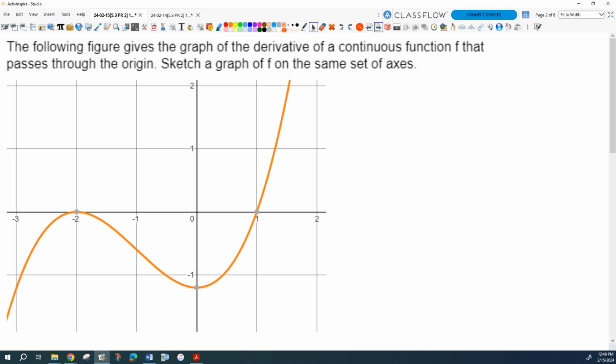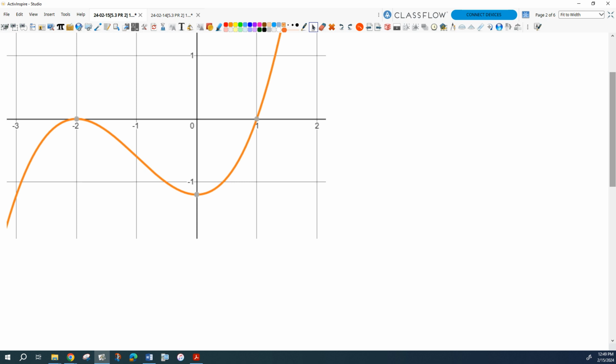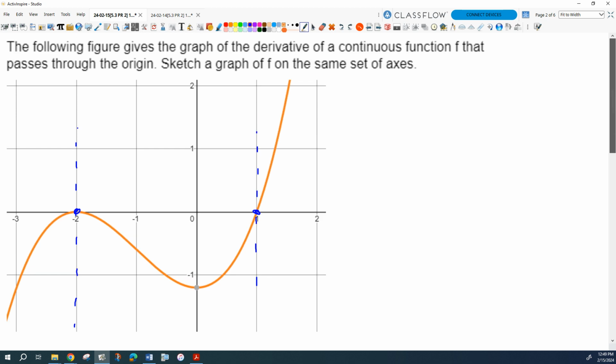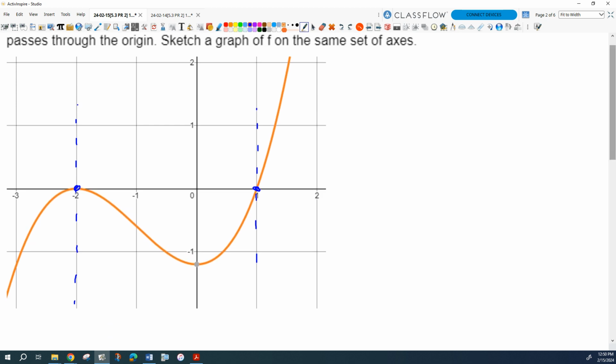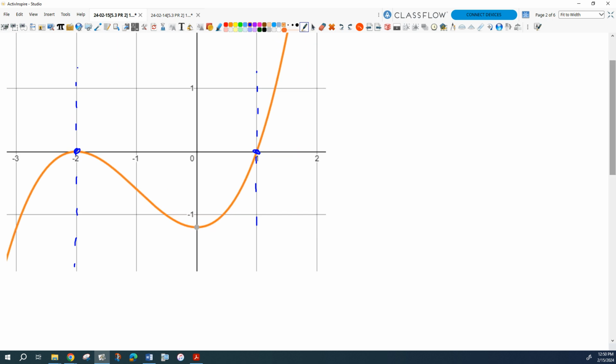Okay, where are the places where we have 0 values of the derivative? Well, right there. And right there, right? Okay, those are horizontal tangents. Do they tell us any points here? Passes through the origin. Okay, so our function has to go through the origin.